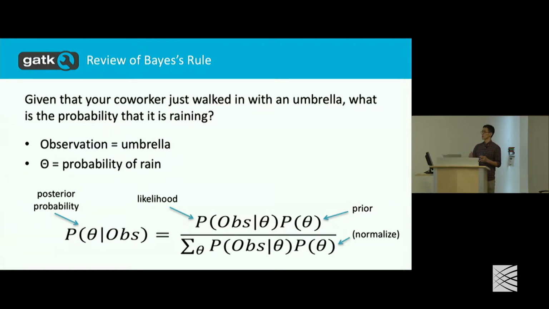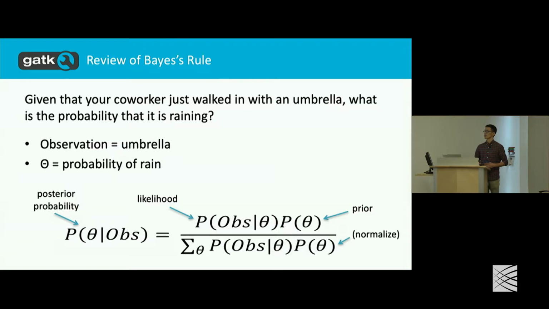That sits on the statistical machinery of Bayes' rule, and this is just the equation that encapsulates Bayes' rule. The idea is to update your prior belief based on the data you observe.